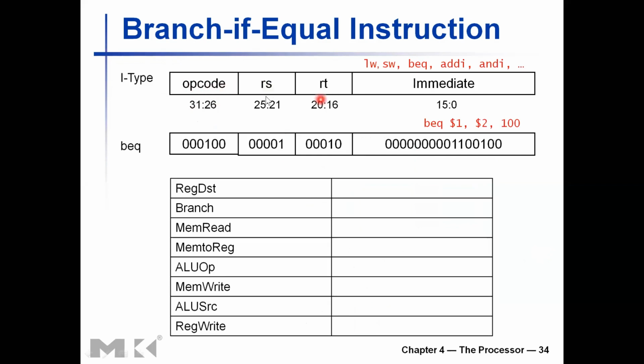Then we have 2 register addresses, the 2 read registers. We are not writing to any register. The immediate field gives the offset, how many instructions you need to jump forward compared to the current program counter value. That is the format of the branch if equal instruction.